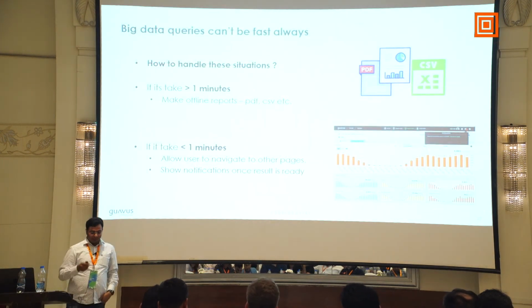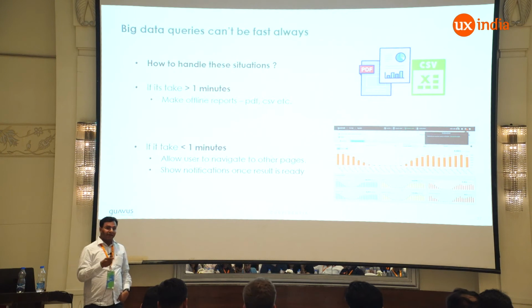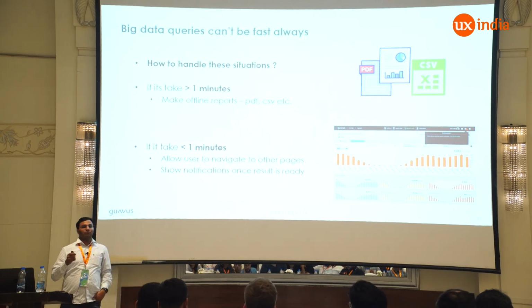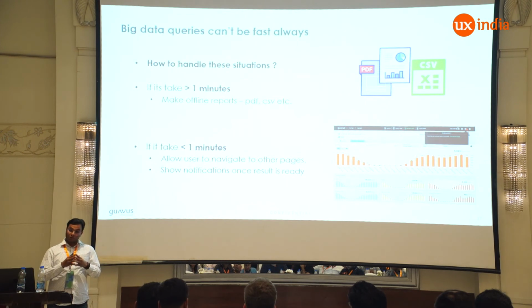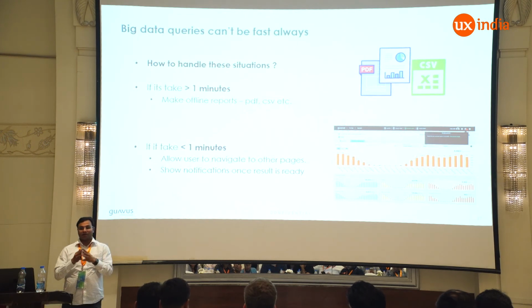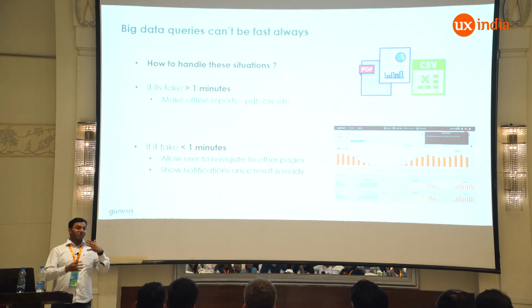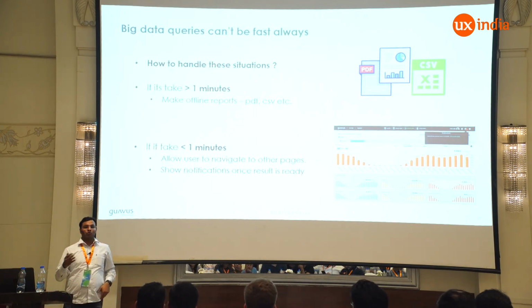Okay, so this is another thing: in the big data space you cannot always say queries are fast. Most of the time queries are slow, so you have to handle it accordingly. I'll explain how we handled it, and obviously people can have multiple different ways to do it.